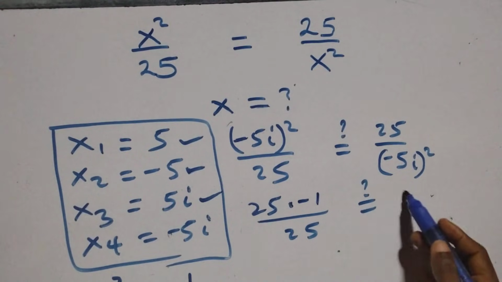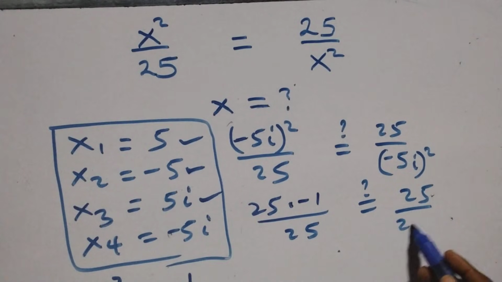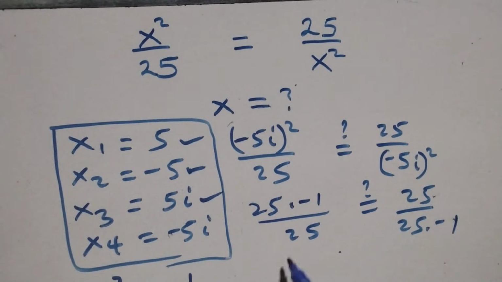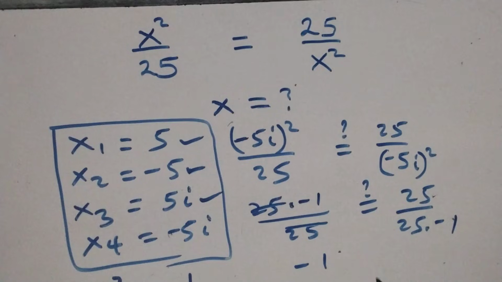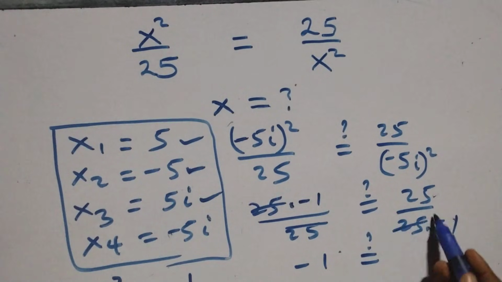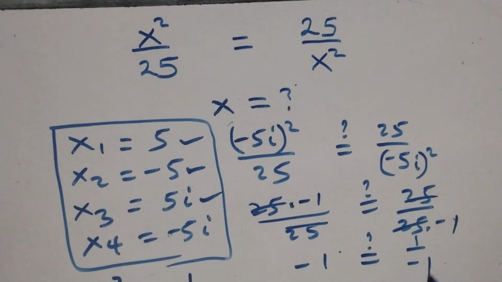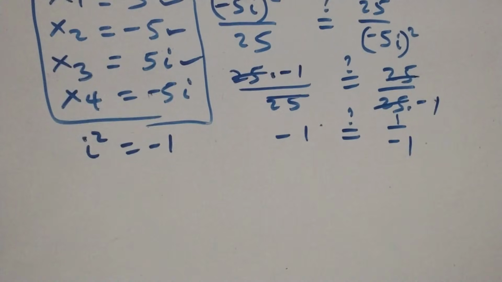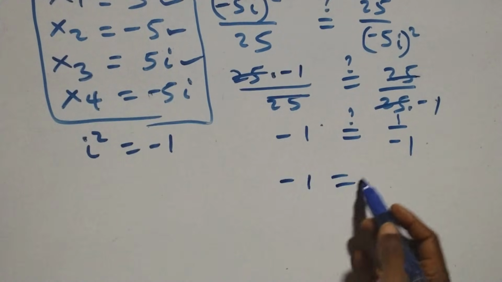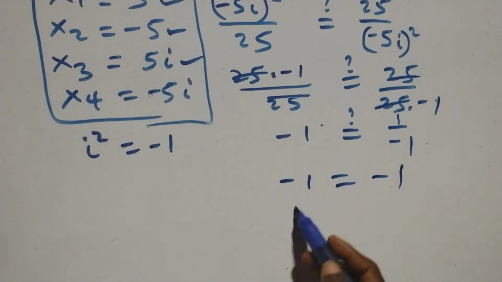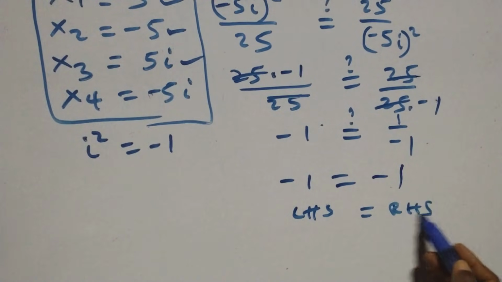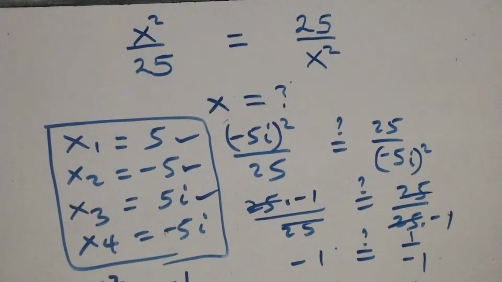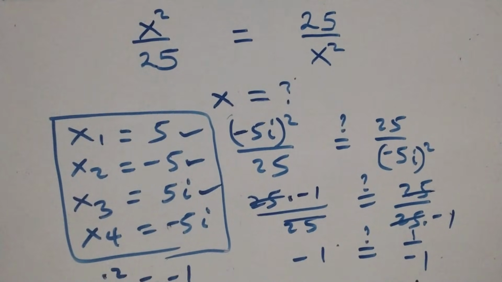Is it equal to, also here we have 25 over 25 times minus 1. And here 25 cancelled each other, we have minus 1. Is it equal to, also here 25 cancel each other, we have 1 over minus 1. And this here, minus 1 equals to 1 over minus 1, also minus 1. Left hand side equals to right hand side. That is, x equals to minus 5i satisfies this given problem as well.